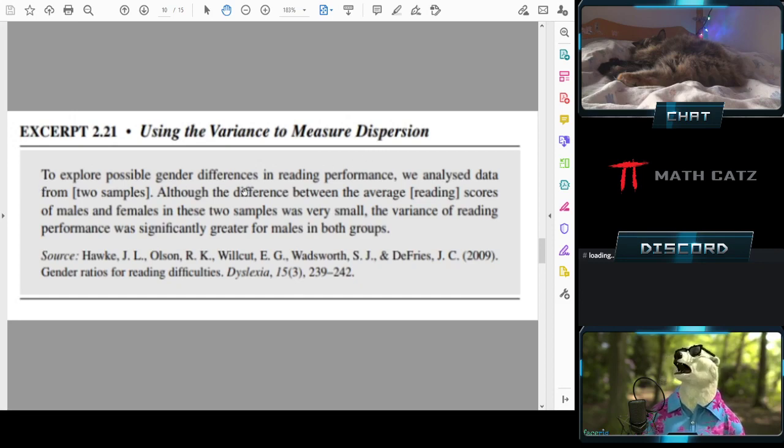To explore possible gender differences in reading performance, we analyzed data from two samples. Although the difference between the average reading scores of males and females in these two samples was very small, the variance of reading performance was significantly greater for males in both groups.